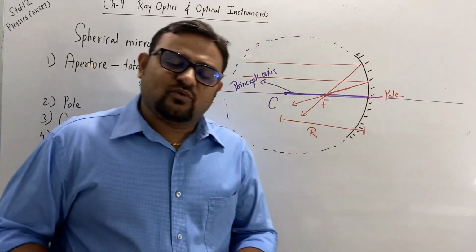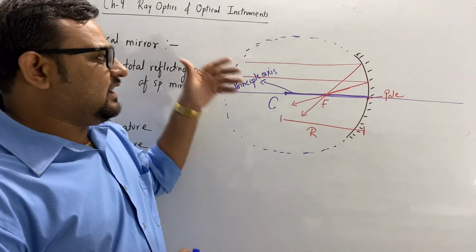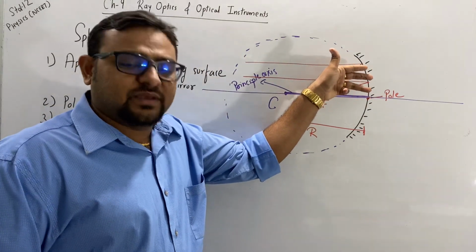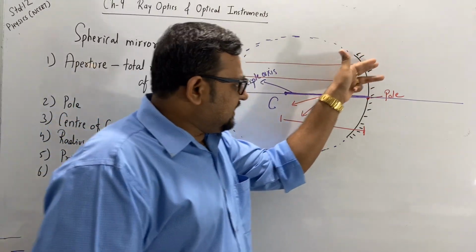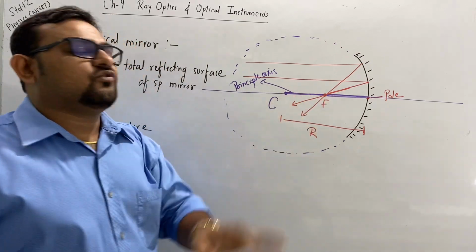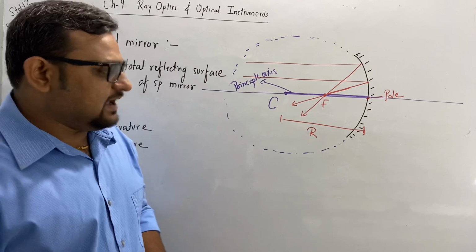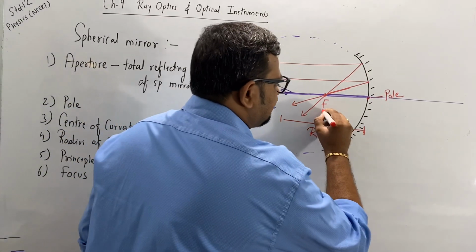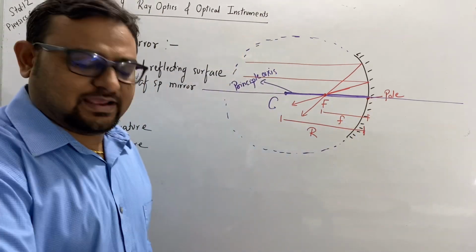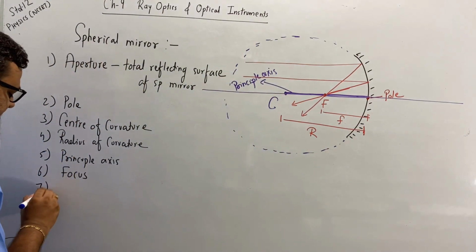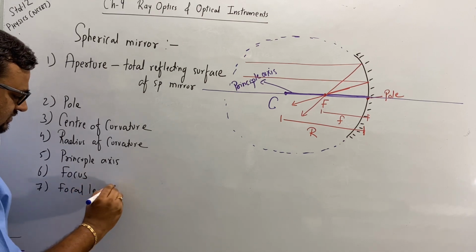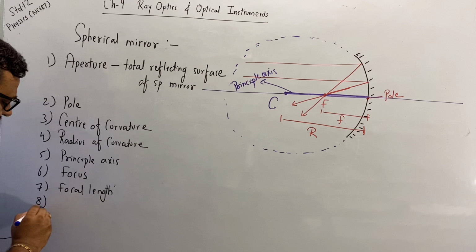Okay, means when a ray parallel to principal axis is incident on a curved mirror, the reflected ray passes through a common point that is called focus. Okay, and this distance is called focal length.